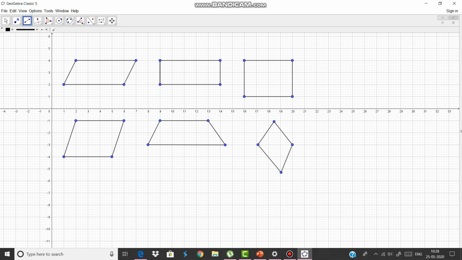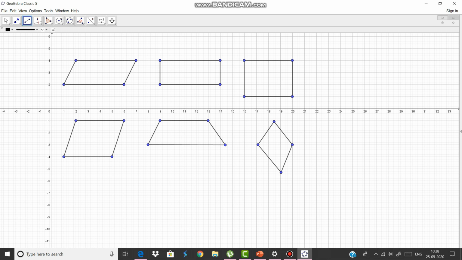It's a parallelogram, it's a rectangle. So in the parallelogram, two pairs of opposite sides are equal and parallel. The same statement is also fulfilled in this rectangle. So the first property of the parallelogram and the first property of the rectangle are completely the same. So the property of the parallelogram is completely fulfilled by the property of the rectangle.